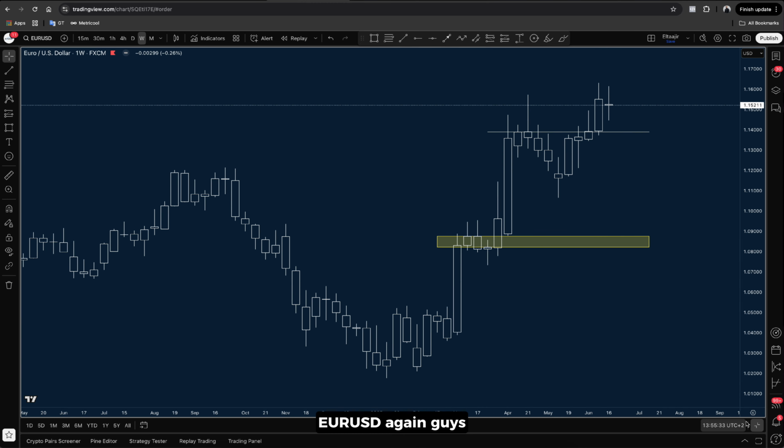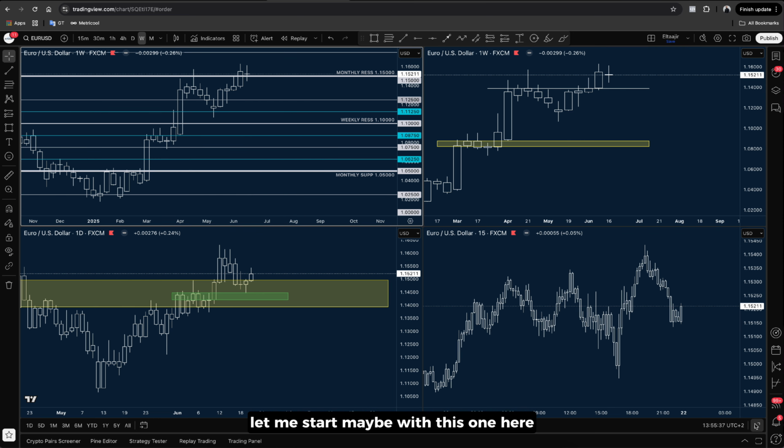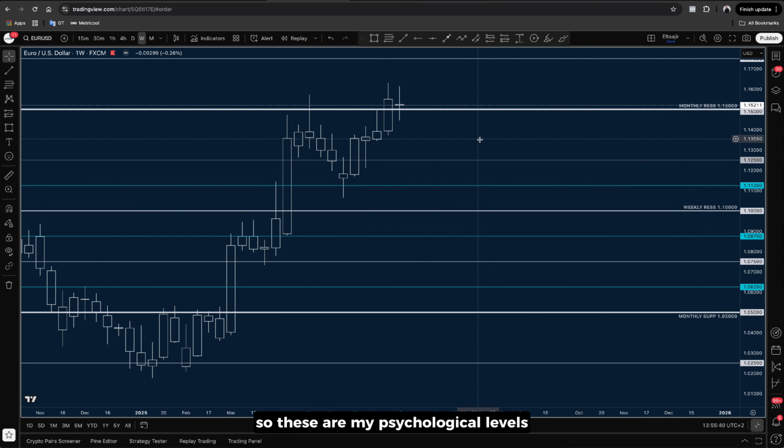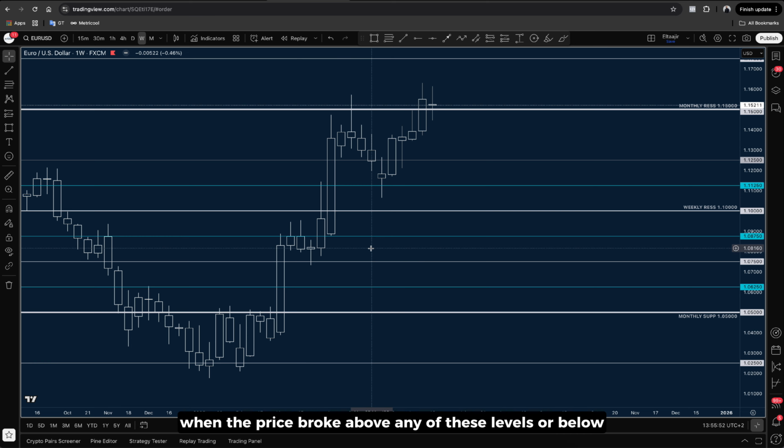EURUSD. Again, guys, let me start maybe with this one here. These are my psychological levels, and these levels are very important. They are very strong levels when it comes to resistance and support. When the price breaks above or below any of these levels, it comes to retest it.